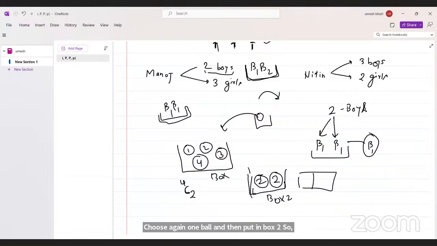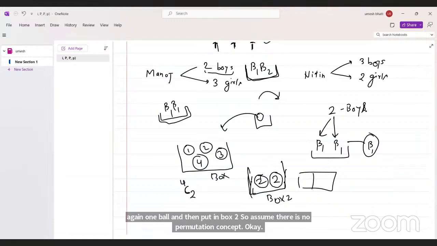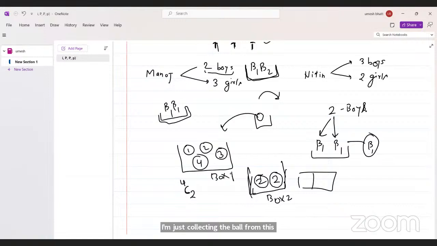I'm just collecting balls from these 4. I want to collect 2 balls. Now, if I replace again, then I can only get one ball, in this case ball 2. So if I'm not replacing, what will happen?